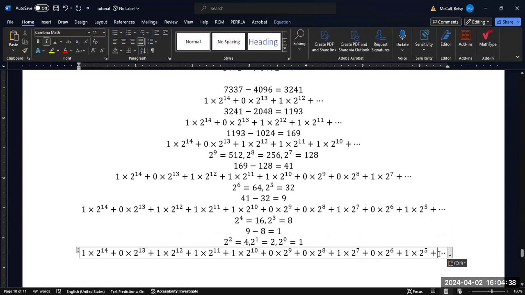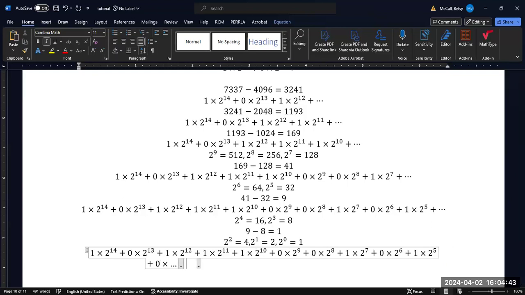So finally, again, representing this in its interpretation of the binary number, we had a 0 times 2 to the 4th, but we had a 1 times 2 cubed, and then 0 times 2 squared, and a 0 times 2 to the 1, and then 1 times 2 to the 0.